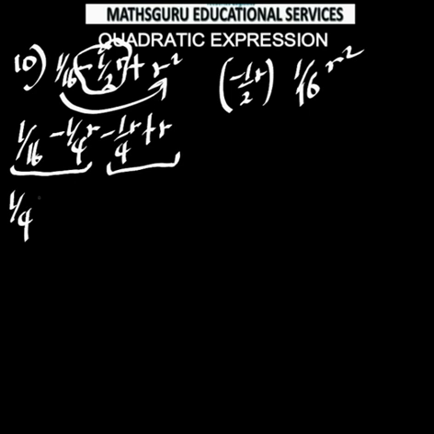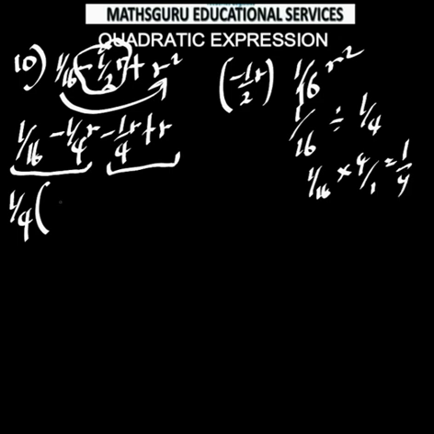If we factor out 1 over 4, we are going to be left with 1 over 16 divided by 1 over 4, which should be equal to 1 over 16 times 4 over 1, and that is going to give us 1 over 4. Okay, 1 over 4. Then 1 over 4r divided by 1 over 4, definitely we're going to be left with r.